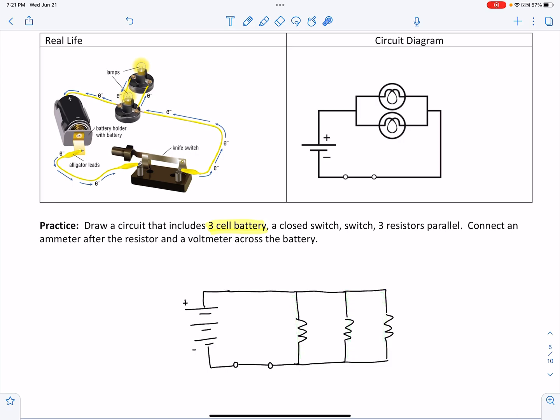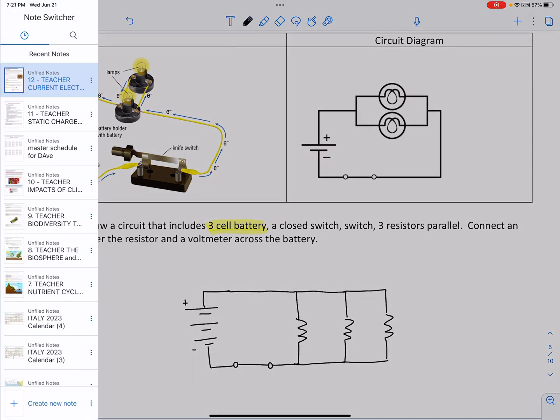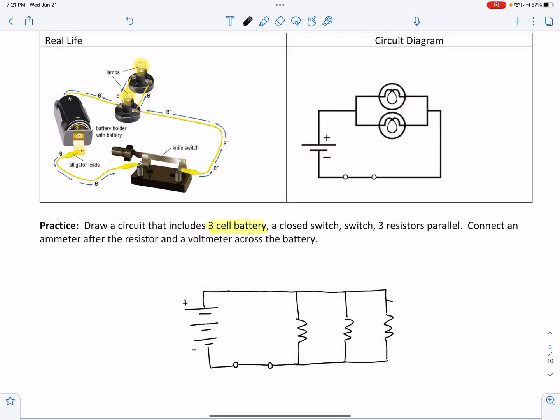Now it says to connect an ammeter after the resistor and a voltmeter across the battery. To draw an ammeter, you have to place it along the path. So I'm going to draw the letter A and put a circle around it. This is an ammeter measuring the current flowing through this resistor. When we draw a voltmeter, it's a little bit different.